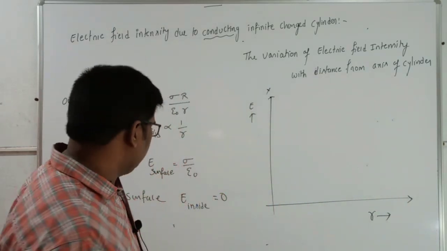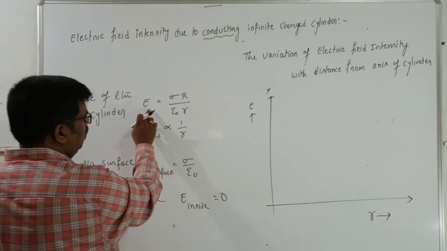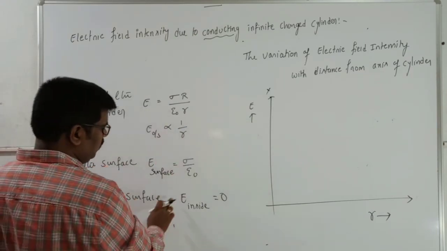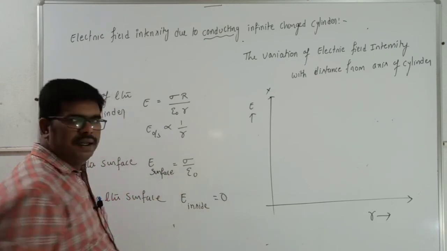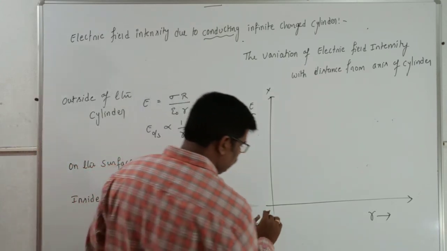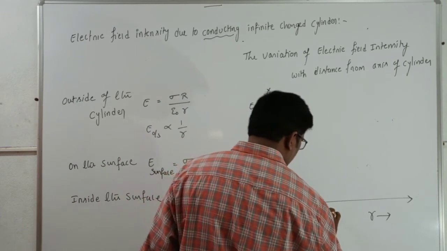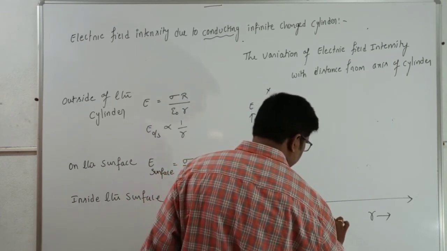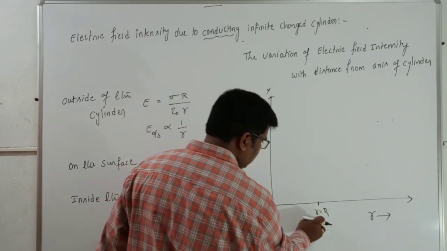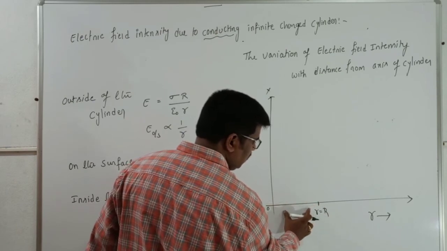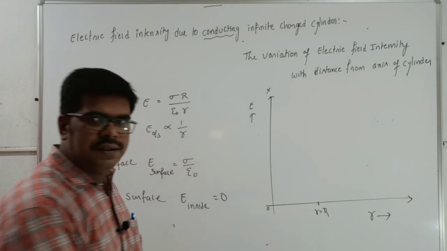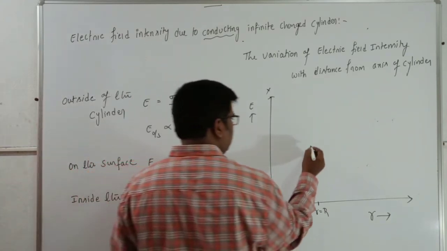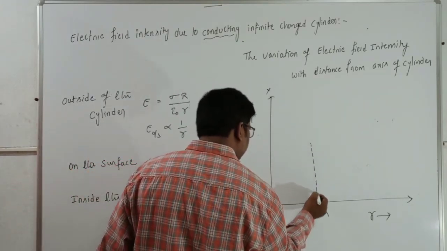Now let us observe. From the center to the surface the electric field intensity is 0. This is the origin and this is the point where small r equals capital R, meaning the surface. Up to this extent comes under the inside region, where electric field intensity is 0, so we need not represent any graph there.